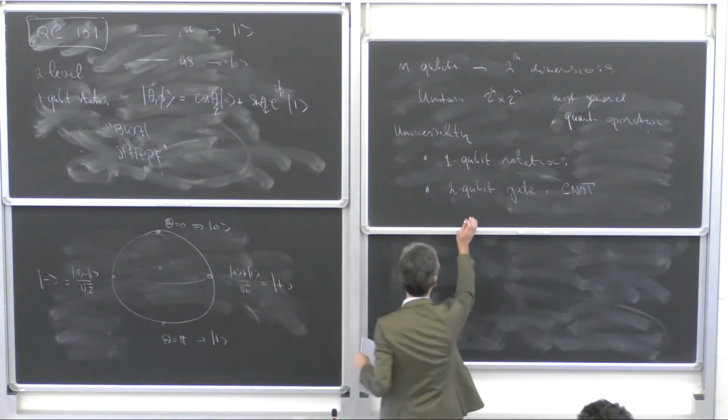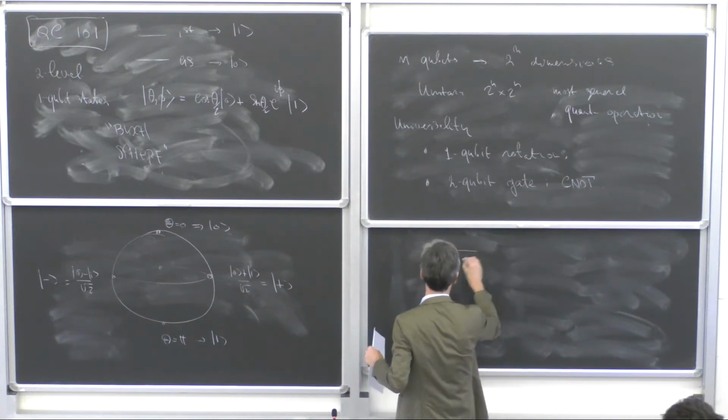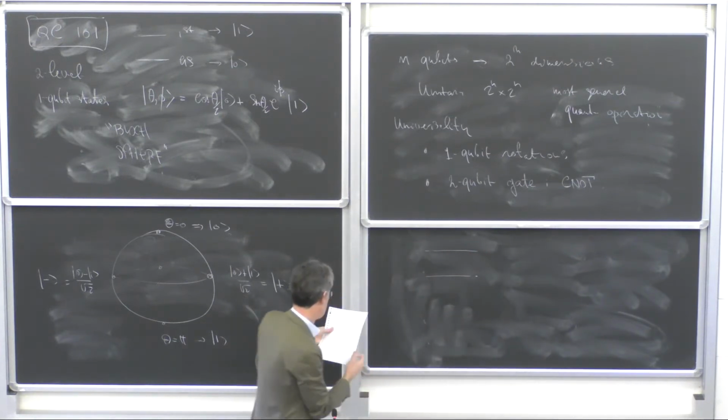So now what is CNOT? CNOT is the following. Suppose you have 2 qubits.